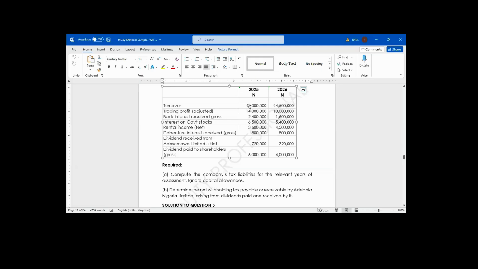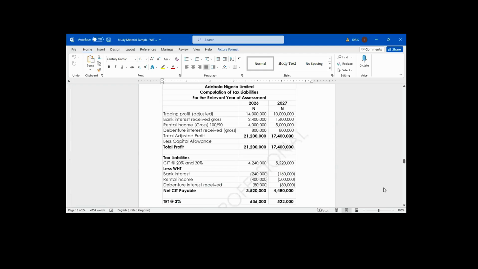If we add 45 million plus 2.4 million plus 6.5 million plus the other one, it's not up to 100 million. It's less than 100 million. So your company income tax rate for this one is 20%. 20% of 21,200,000 will give you 4,240,000.